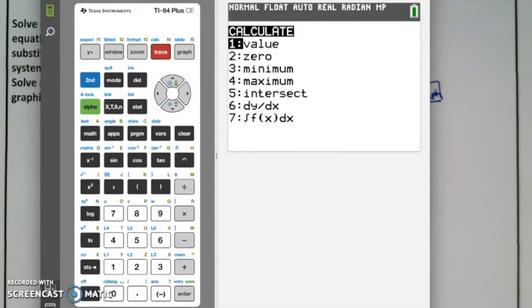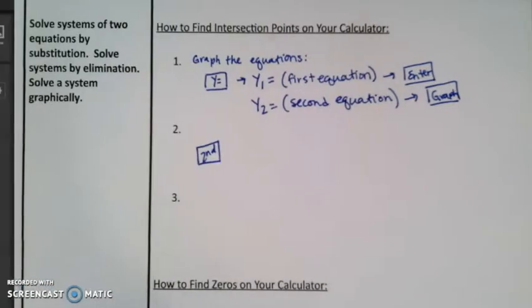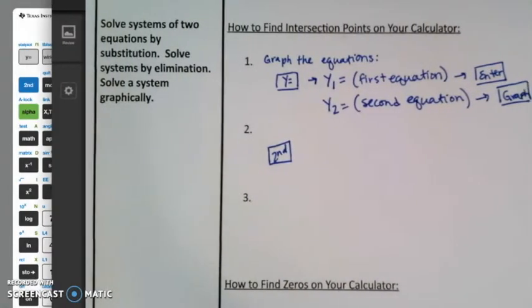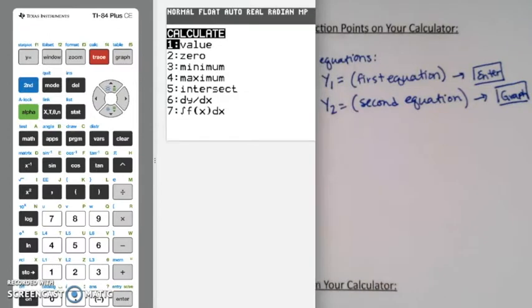Okay, so if I move my calculator over to the side, and I move my notes over a little bit, let's see if I can get these on the same screen.